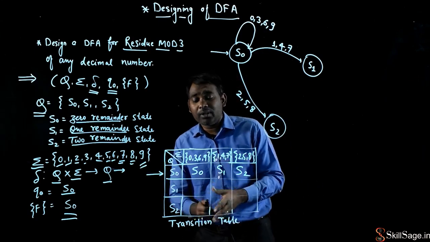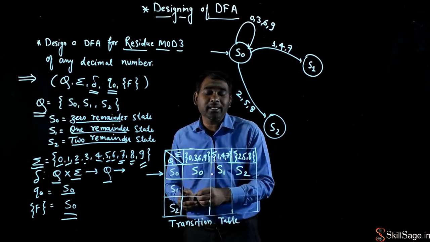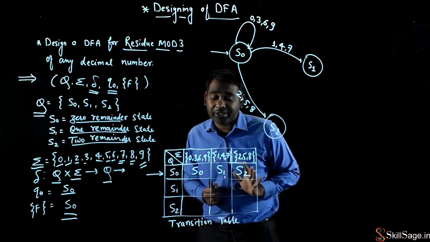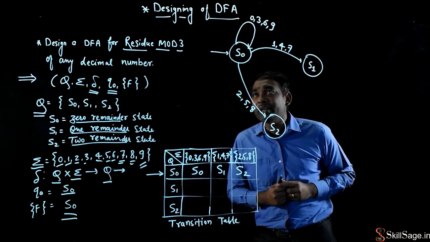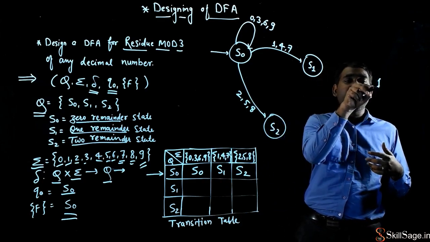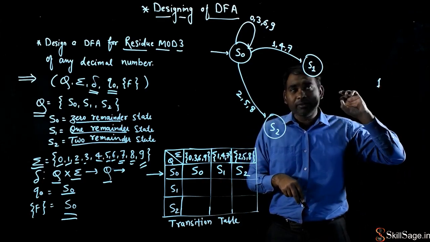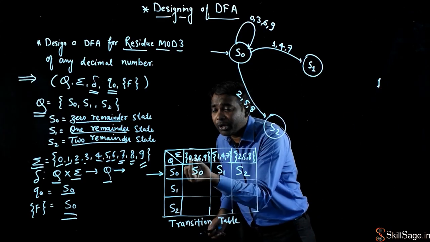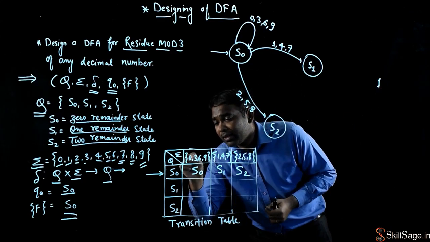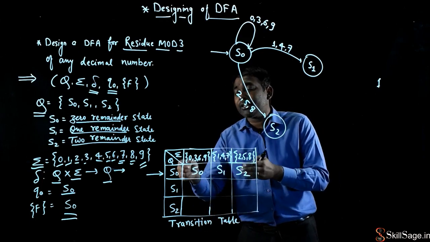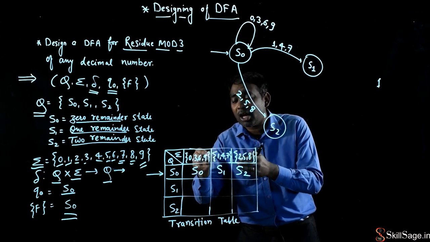So I'll find out the same thing for the next state called S1. And what is S1? S1 is my remainder 1 state. If I say S1 is my remainder 1 state, that means 1 is already there. This is my current state, the remainder 1 state, and I am going to get the next input symbols. Here I am going to try this set of input symbols: 0, 3, 6 or 9.